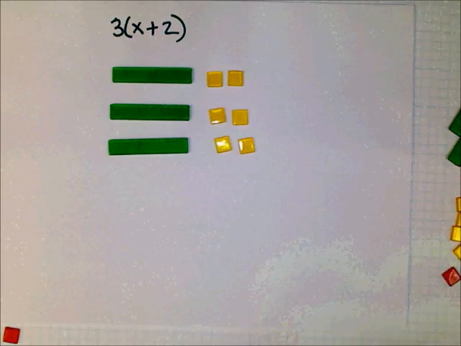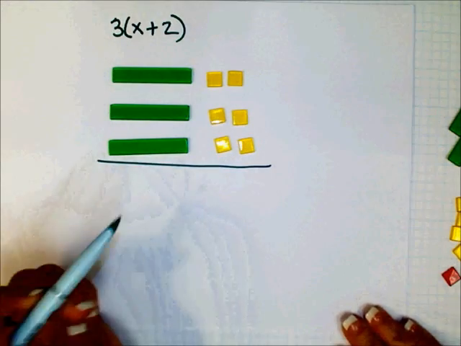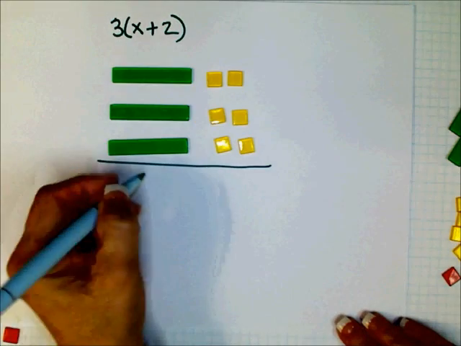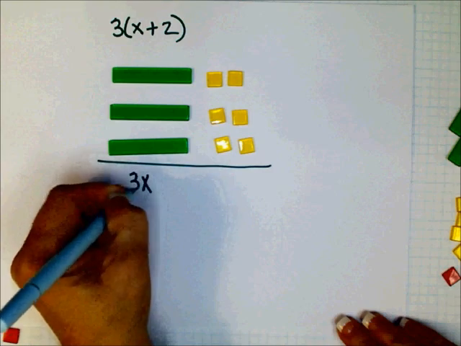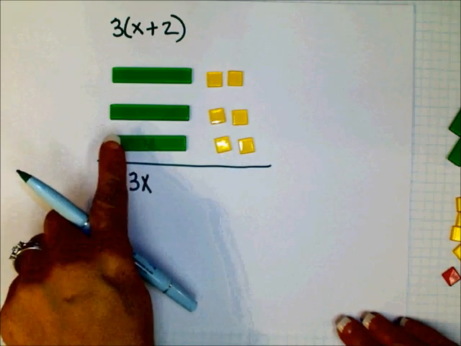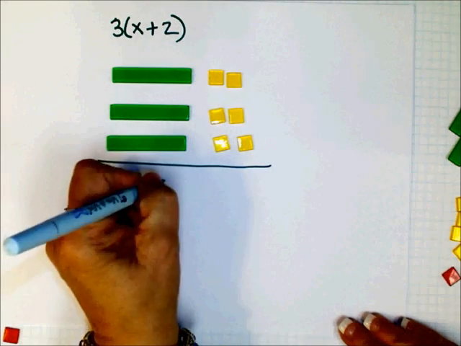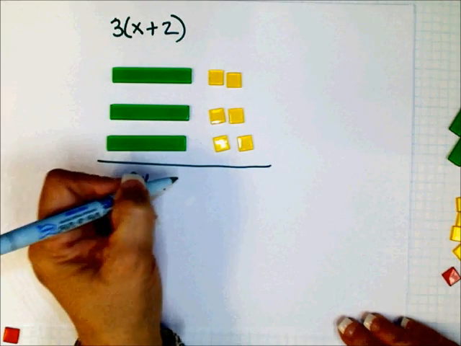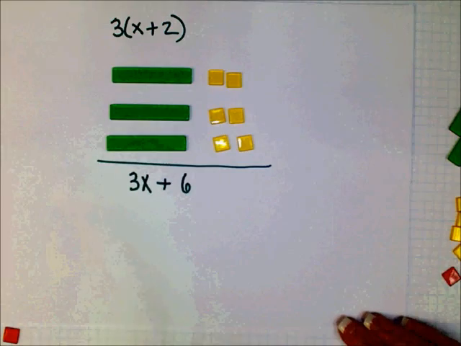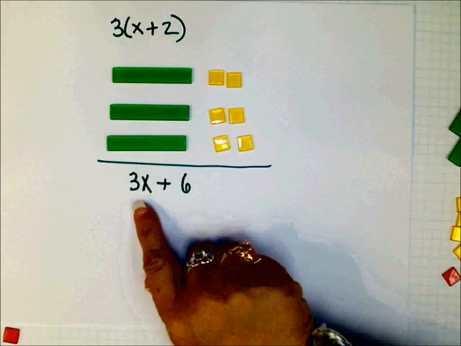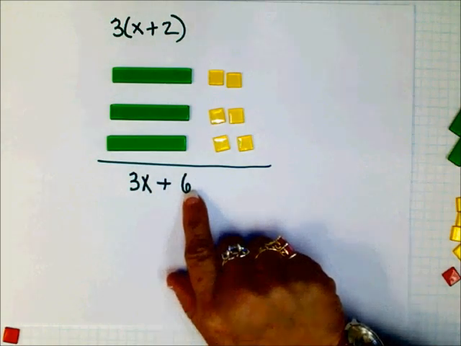So if I add up everything that I have total now, I have 3 x's, or 3 green rectangles. I have 6 positives, or 6 yellow squares. So another way to write that would be to say 3x plus 6.